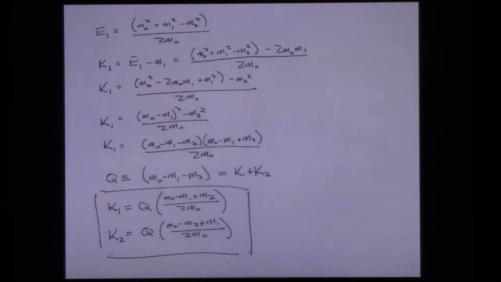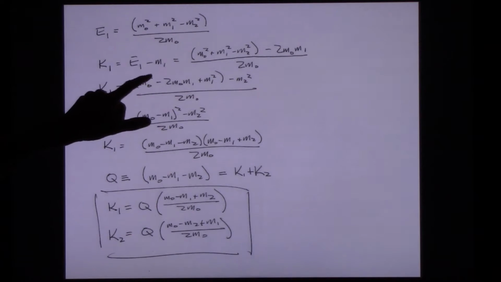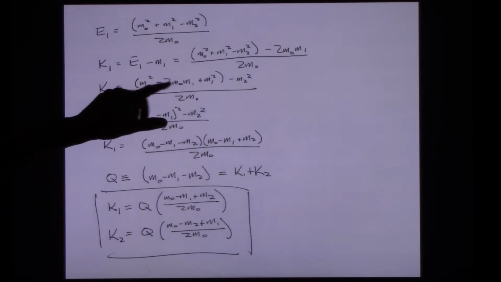Now I can take this a step further. What I can do is go after the kinetic energy formulas. So in addition to the total energy of the two decay particles, I'll take the energy from particle 1, which we just derived, and now get the kinetic energy by taking the total energy for that particle and subtracting m1.